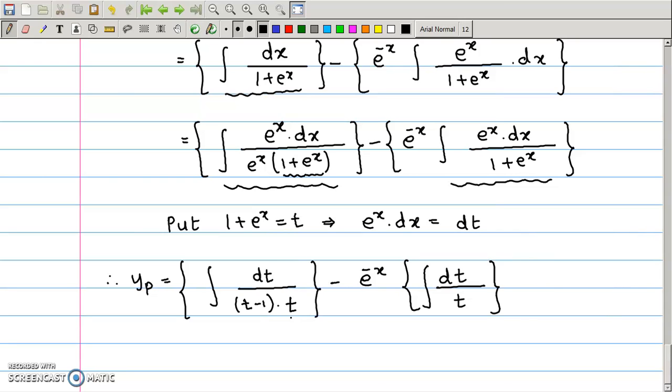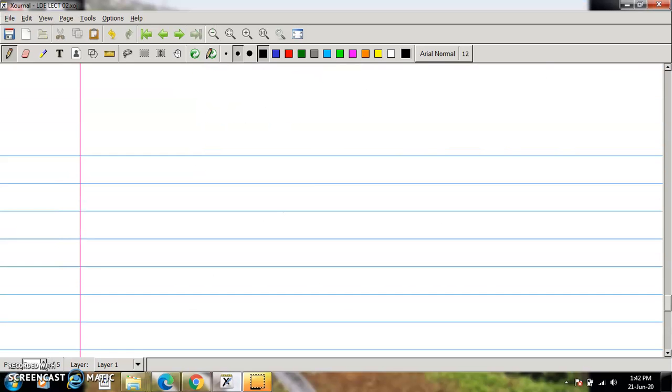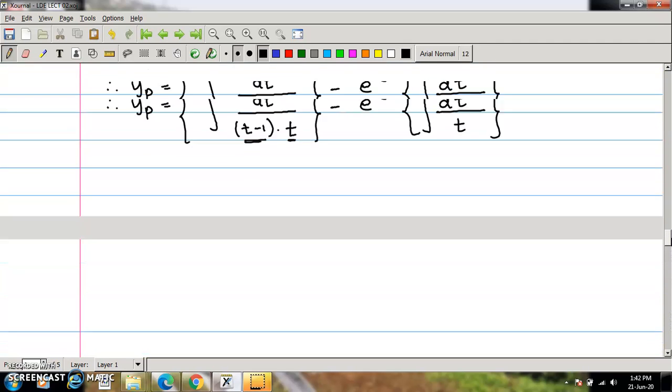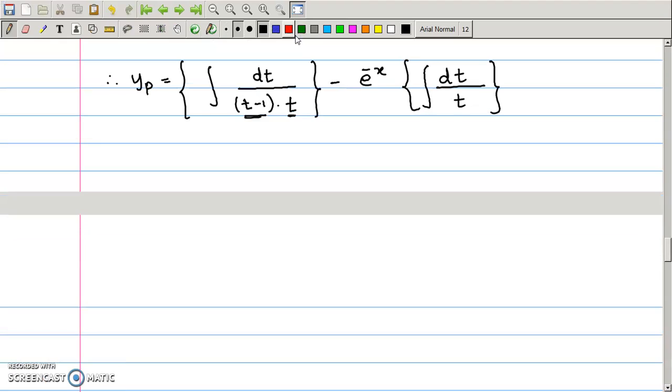Now here there are two linear terms, so we can apply the method of partial fractions again. Here we apply the method of partial fractions for simplifying.